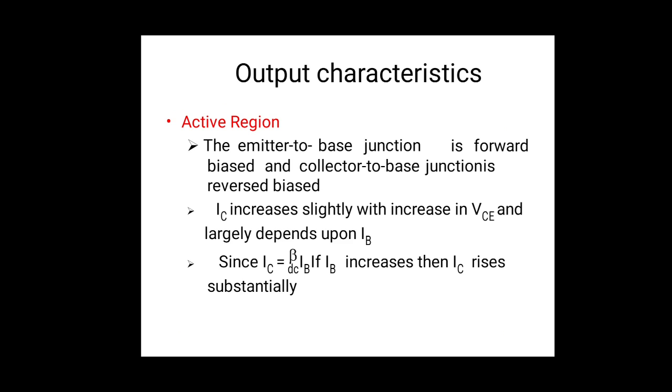In the active region, the emitter base junction is forward biased and the collector base junction is reverse biased. In this case the output current IC increases slightly with an increase in VC. If you increase the output voltage VC, IC will also increase slightly, and it largely depends upon the input current.